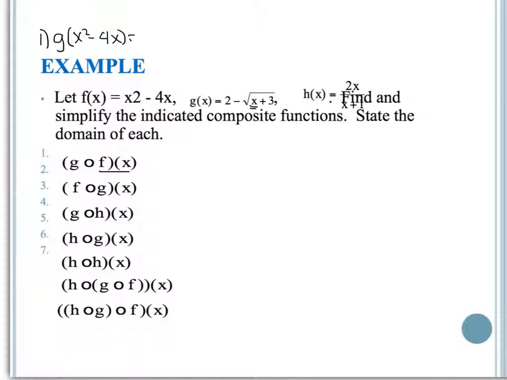So let's see, I would have 2 minus square root of, no longer an x, I need to replace it with what's in my parentheses, x squared minus 4x, and then plus 3 is still under the parentheses.